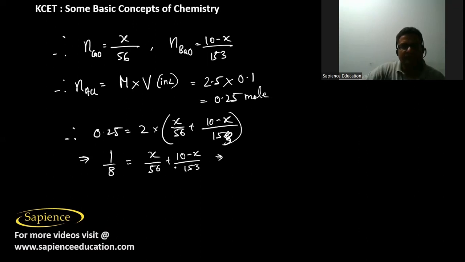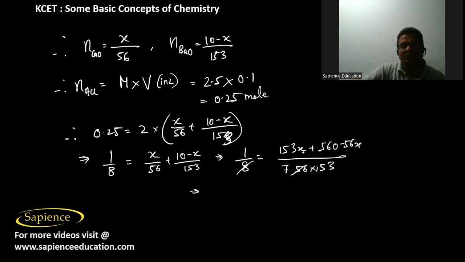If you take LCM here, this will be 1 by 8 equal to 153x plus 560 minus 56x, divided by 56 into 153. 7 8s are 56, so that will cancel.